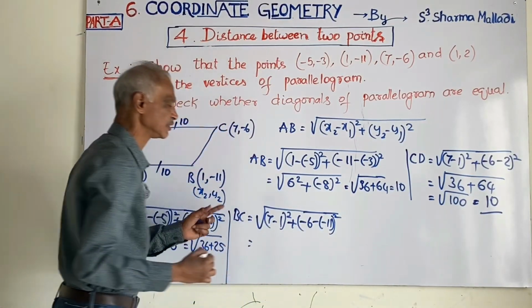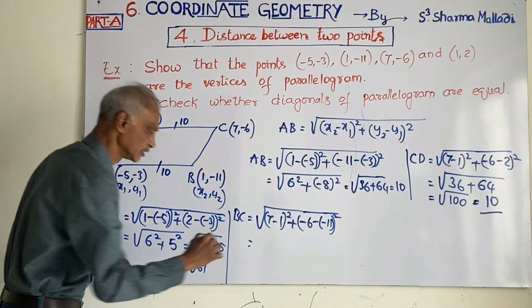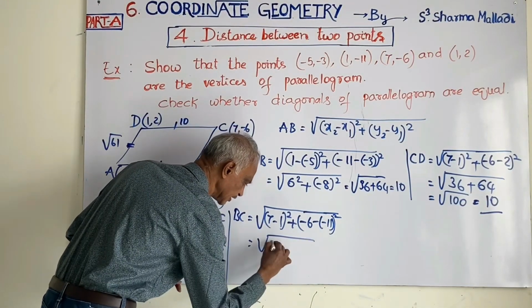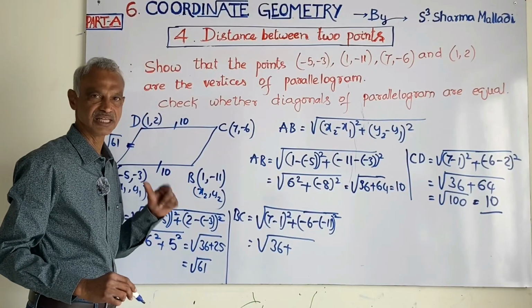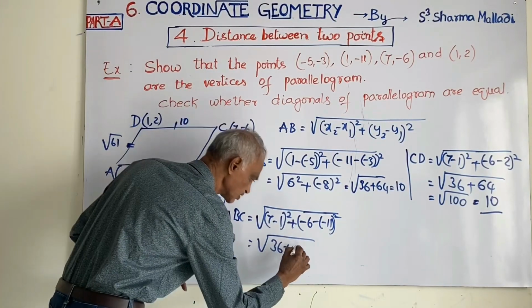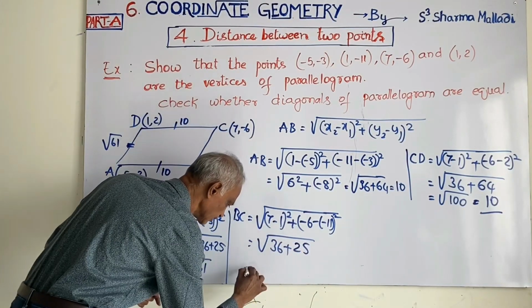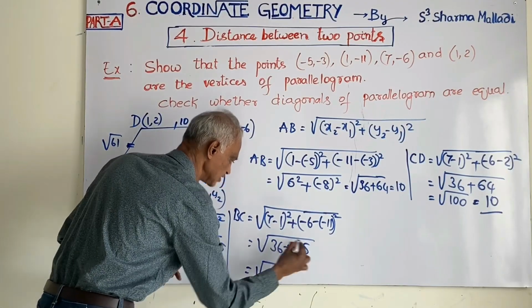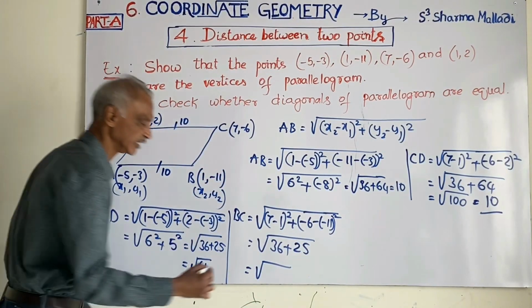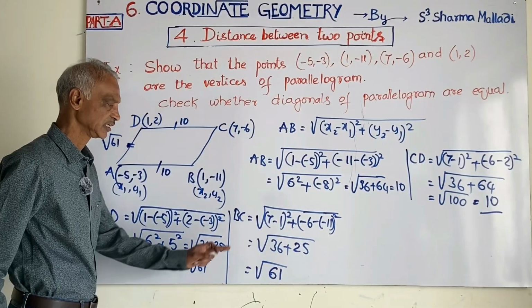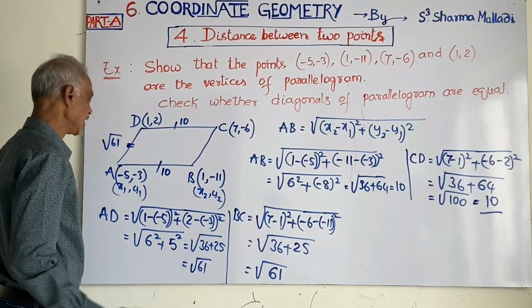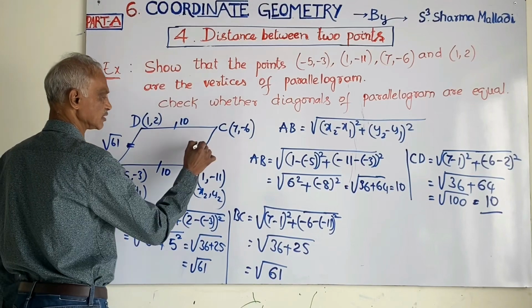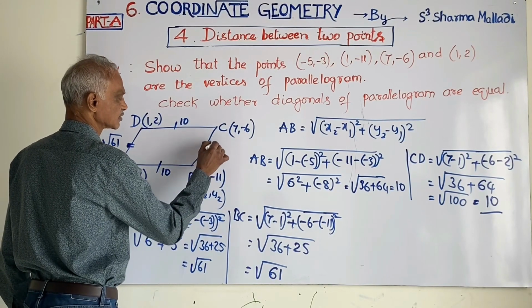You will get 7 minus 1 means 6 square, 6 square means 36, plus minus 6 plus 11, you will get 5 square means 25. You will get root of 36 plus 25, root 61. As you got, BC is equal to root 61.